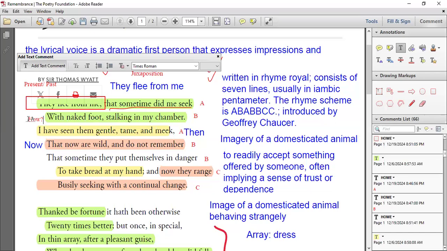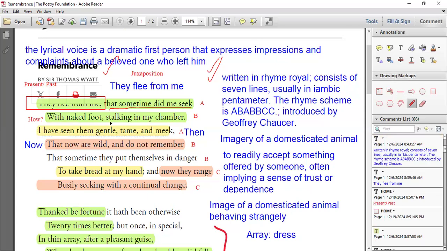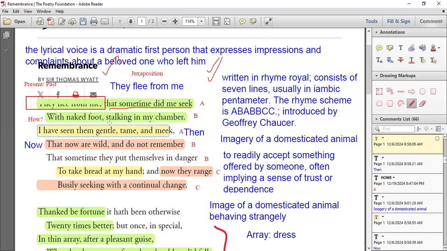They tiptoed to his room, and sometime they stalked in his room. They were already there in his room before Sir Thomas Wyatt could go there. Stalking means they were hiding, and they were eagerly waiting.